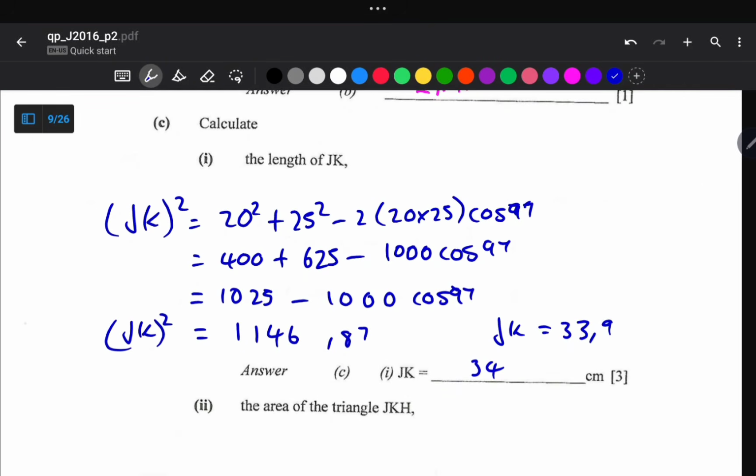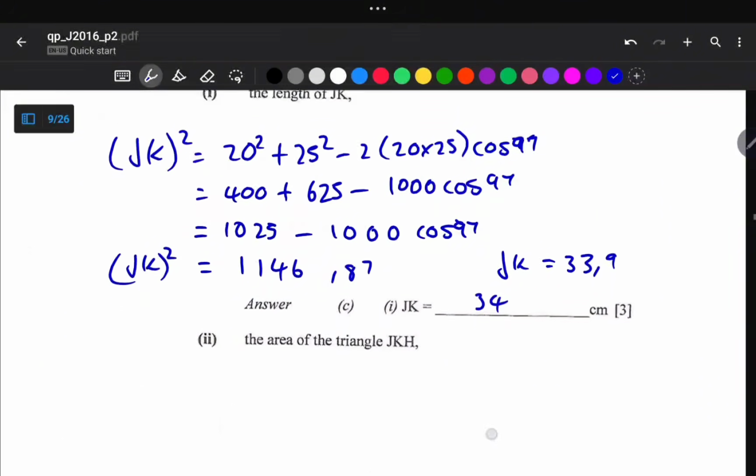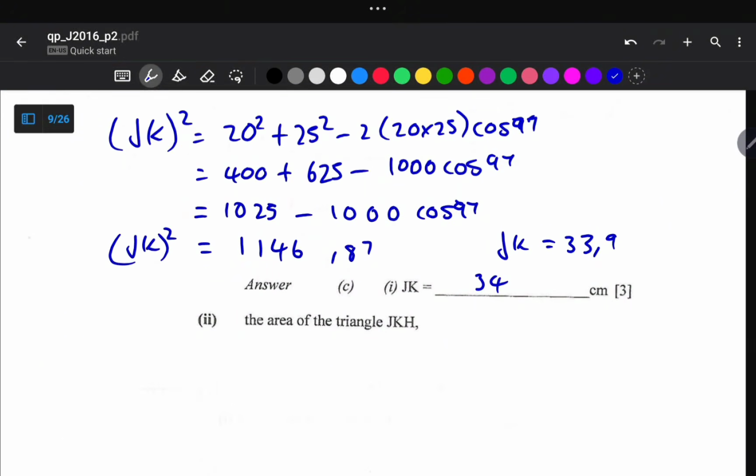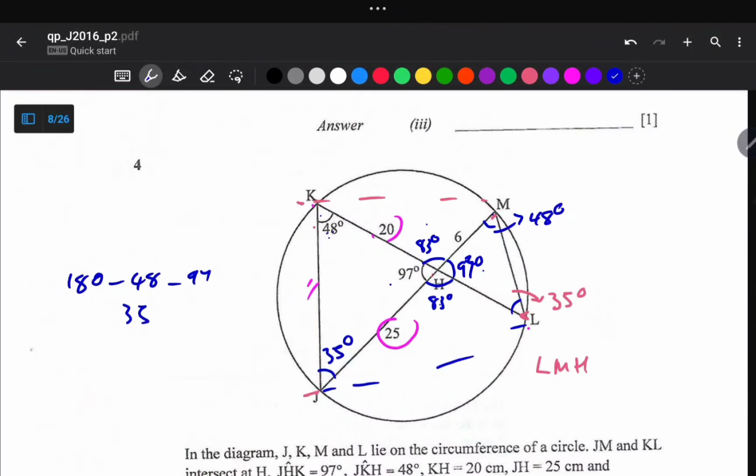Okay, and on the second part of our part C question, we are required to calculate the area of the triangle JKH. So our triangle JKH is this one. The area of a non-right angle triangle is equal to half AB sine theta. So our theta is 97, and our A and B are 20 and 25.